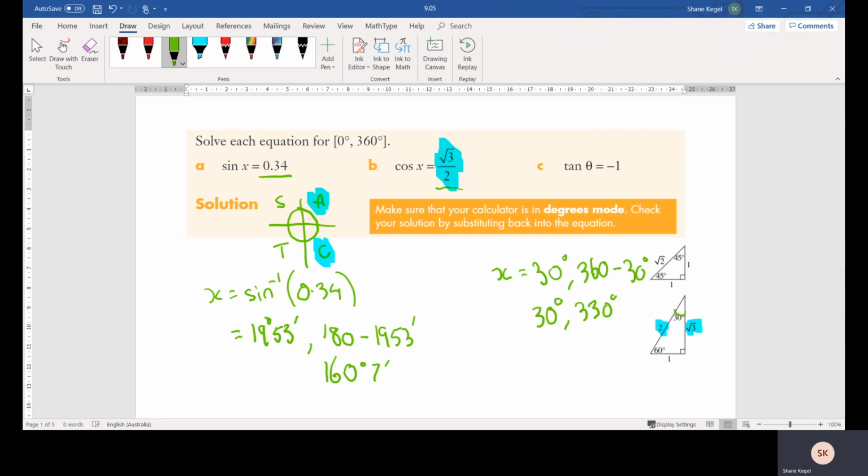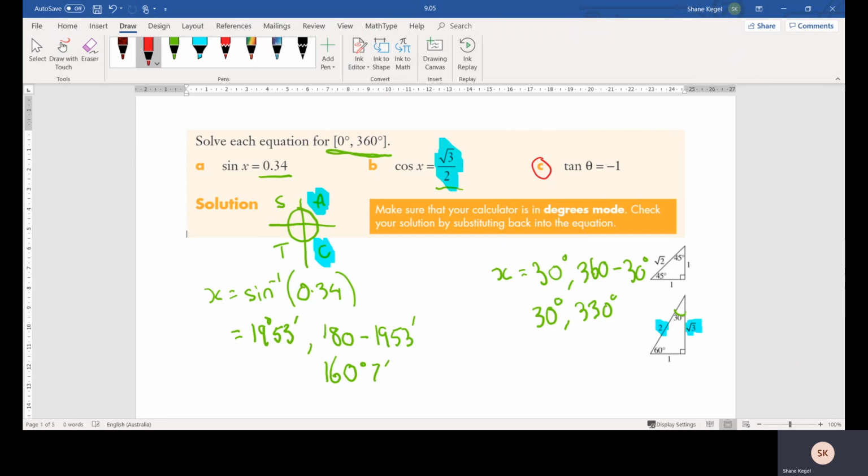So again, I've got two values where this could exist. Make sure your calculator is in degrees mode, considering we're given a degree parameter. The next question we'll look at is given a radians parameter.